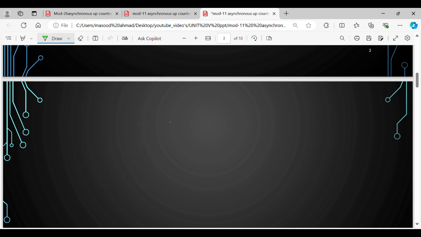The problem given is mod-11 asynchronous counter. What is mod-11? The one which counts from 0 to 1, 1 to 2, 2 to 3, 3 to 4, then 4 to 5, 5 to 6, then to 7, then 8, then 9, then goes back to 0 is mod 10.